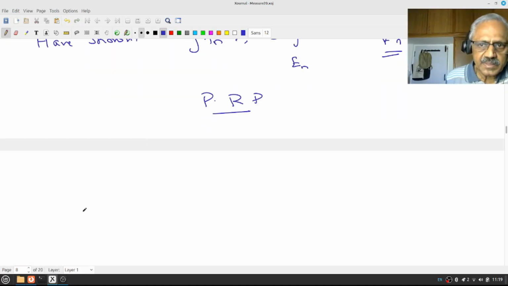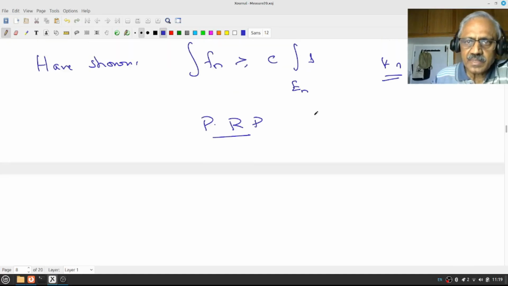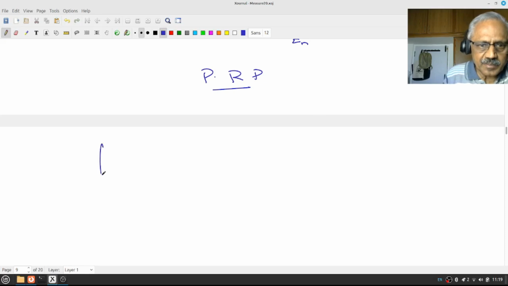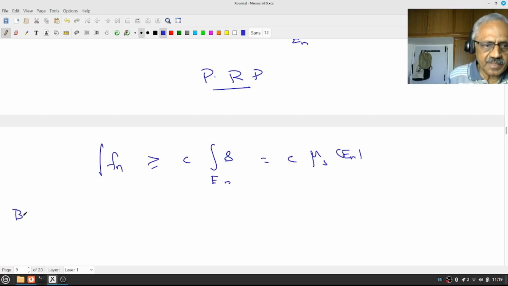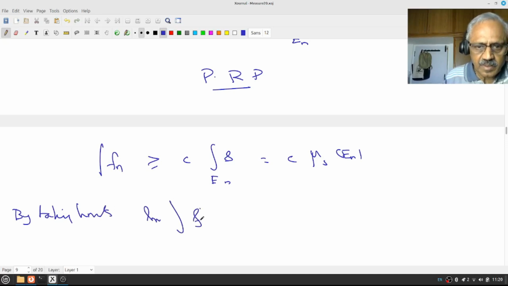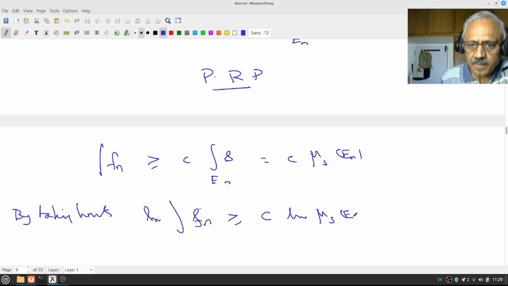Now take the limit. But notice that before I take the limit, the integral of fn is greater than or equal to c times the integral of s over En. But this is c times mu s of En. Therefore, by taking the limit, we see that the limit of the integral of fn is greater than or equal to c times the limit of mu s of En.